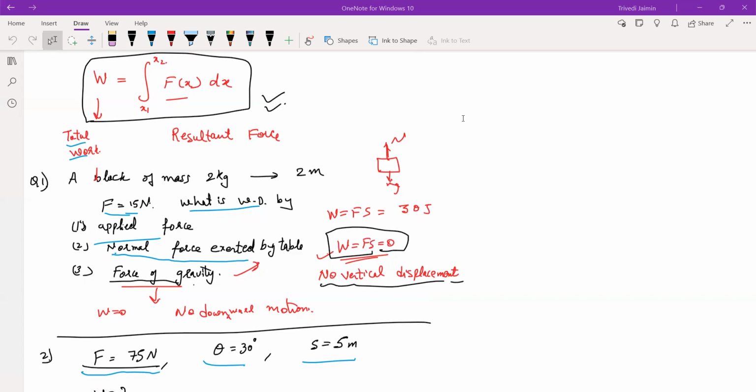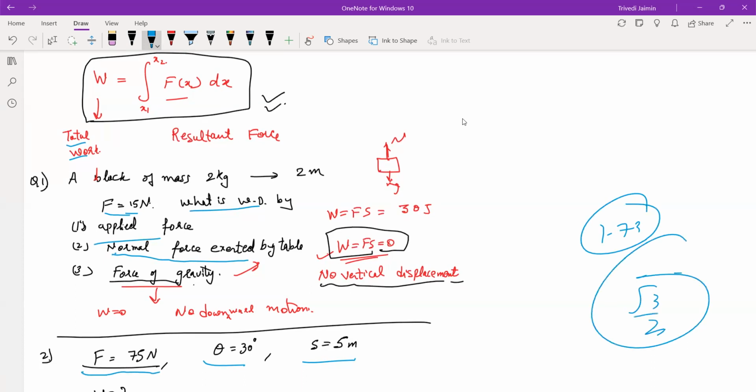Root 3 is 1.72, correct. Fine. What about 75 into 5 by 2? Still we have root 3 by 2, right? So the work is 63.7.